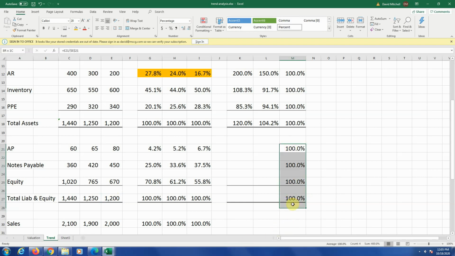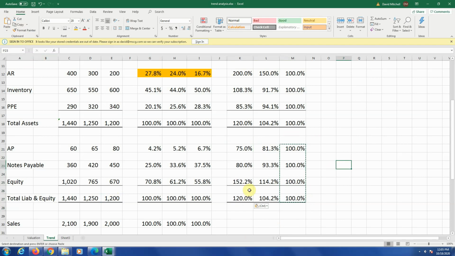So you only really need to set it up one time, set up your model one time. So we see accounts payable are going down in absolute terms, they're going down in relative terms also. Same thing for our notes payable, which means our equity has to be increasing, and it is.